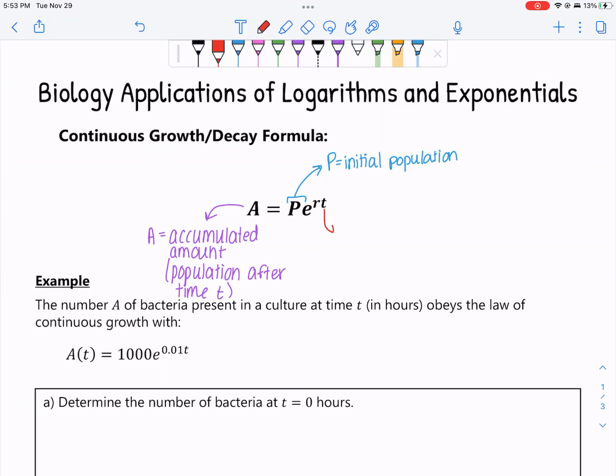T is still time. It sometimes is in years, it sometimes is in hours, it sometimes is in minutes. It all depends. So it's not always in years like it is with finance. And then the R is a little bit special. So the R is what we call the relative growth/decay rate.